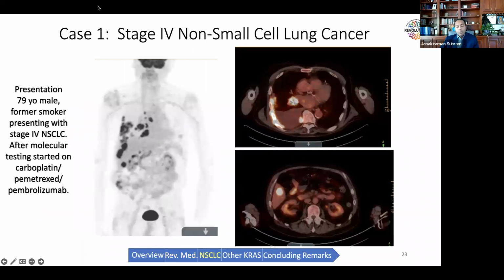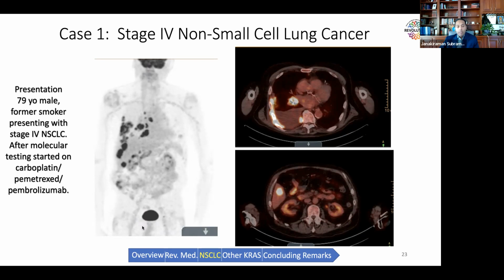So let's talk about a clinical case that is important from the KRAS perspective. We here have a 79-year-old gentleman who's a former tobacco smoker, now presenting with widespread metastatic disease where the primary appears to be in the lung.